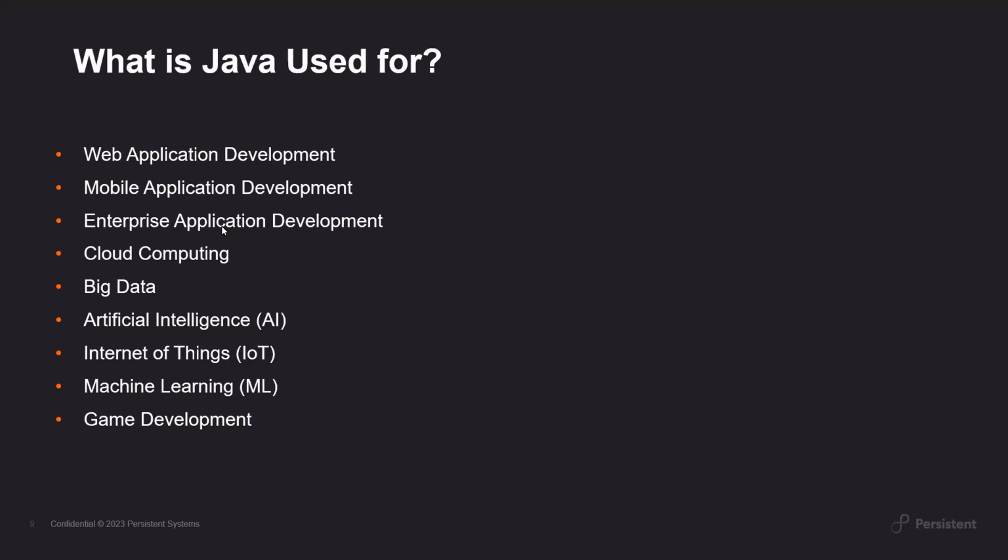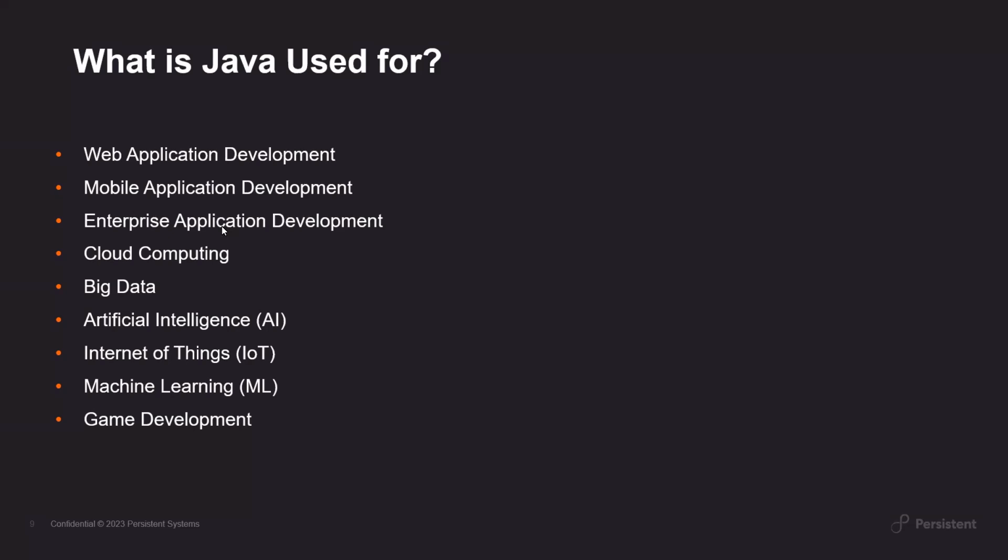And that's why Java is used for developing web applications, including e-commerce sites, social media platforms, and enterprise level systems. Java frameworks such as Spring, Hibernate, JPA, all of these are popular choices for building web applications.